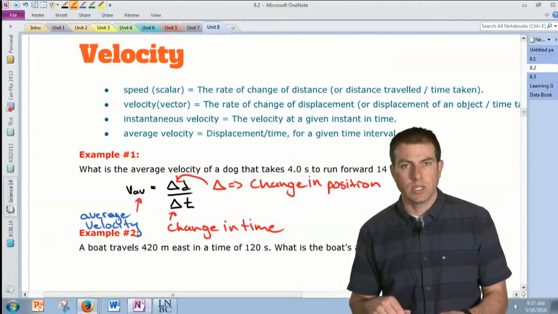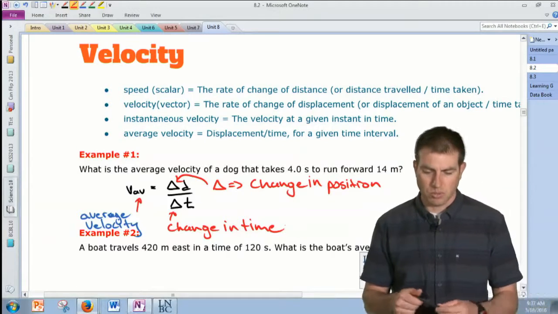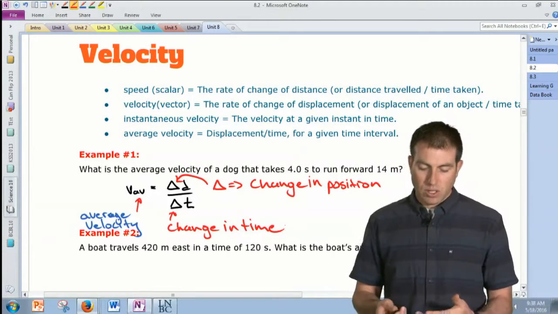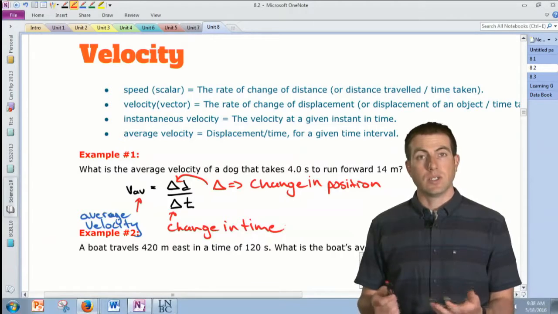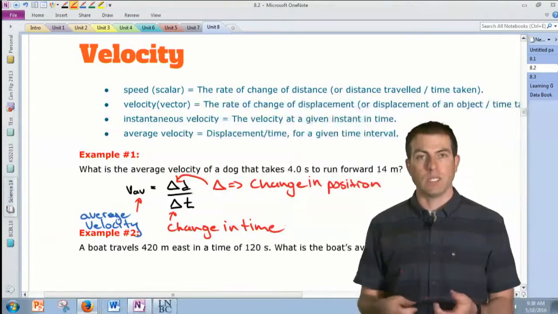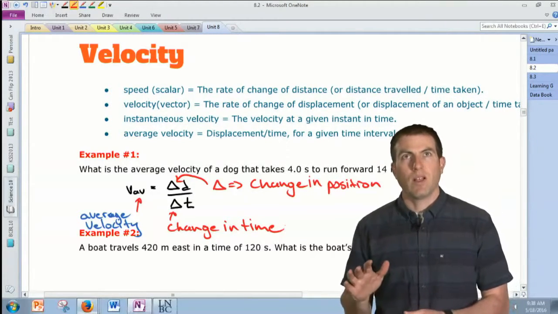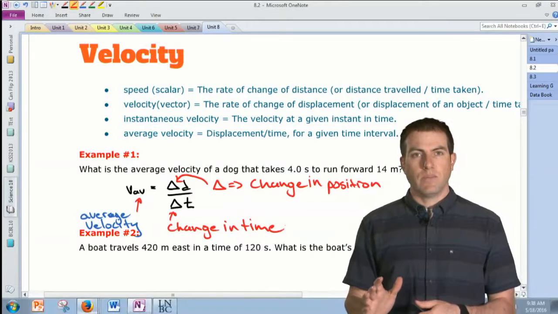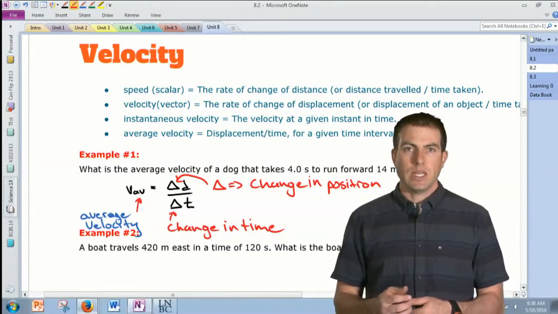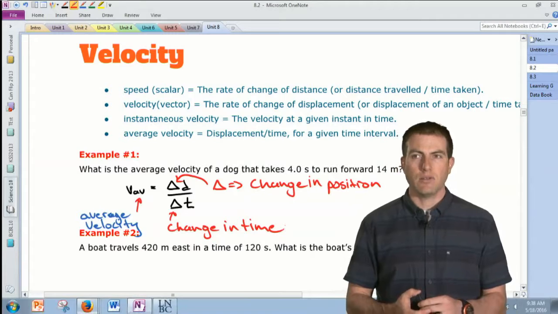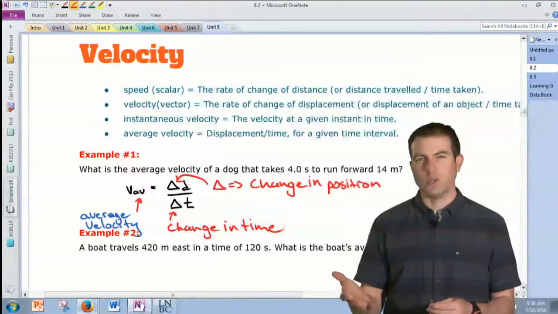So looking at the question again, we've established what the formula means. What's the average velocity of a dog that takes 4 seconds to run forward 14 meters? Now, one thing that's confusing in using this formula is that we don't really have a lot of information, but it's assumed to be there.